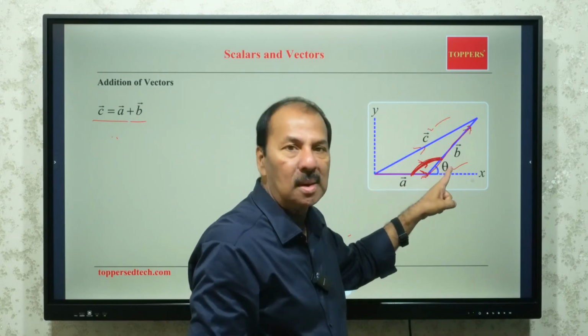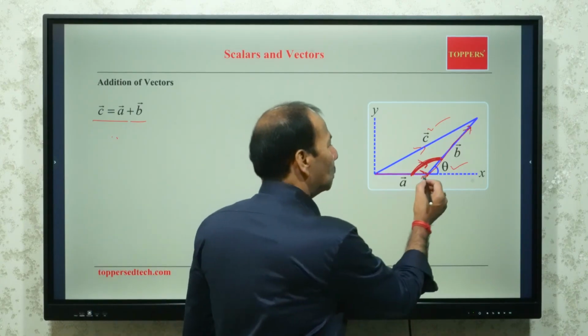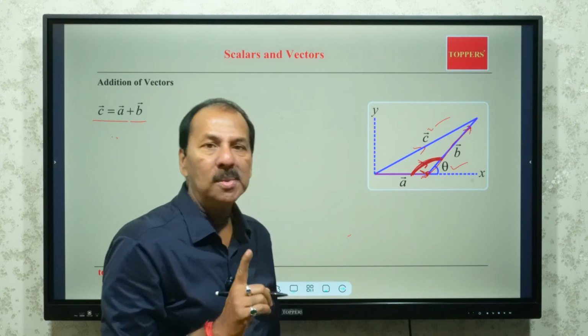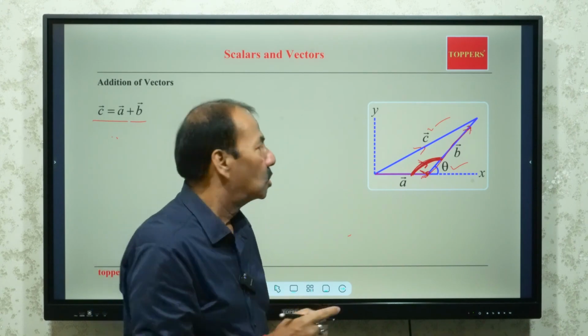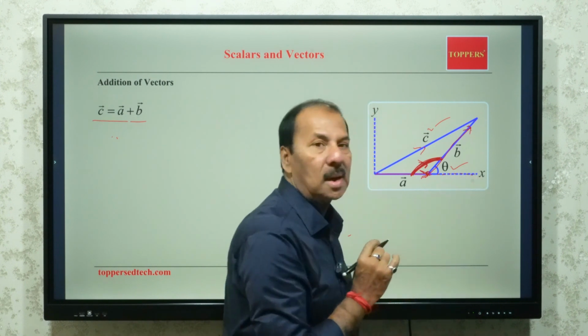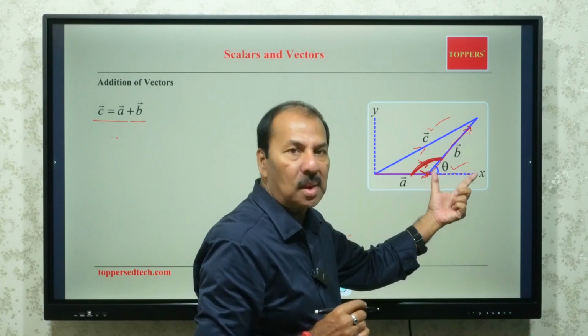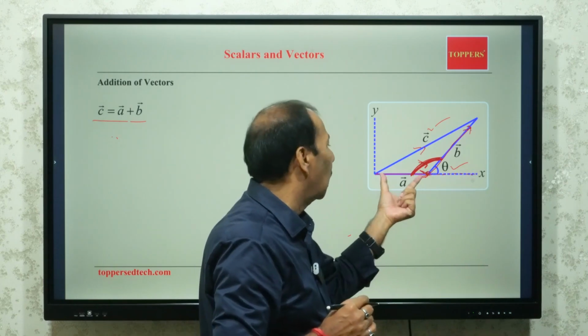Why are we taking this angle theta? Just to meet the required condition. This point of intersection will always be considered as the origin. If you take this as the origin, we can consider this extended line so that with respect to this origin, this becomes the positive x-axis. Now this line and this line are parallel.